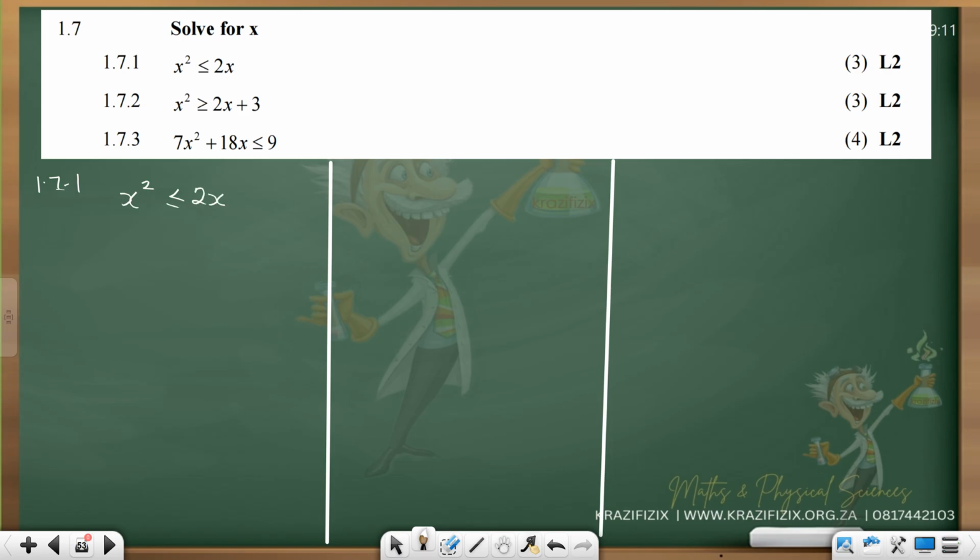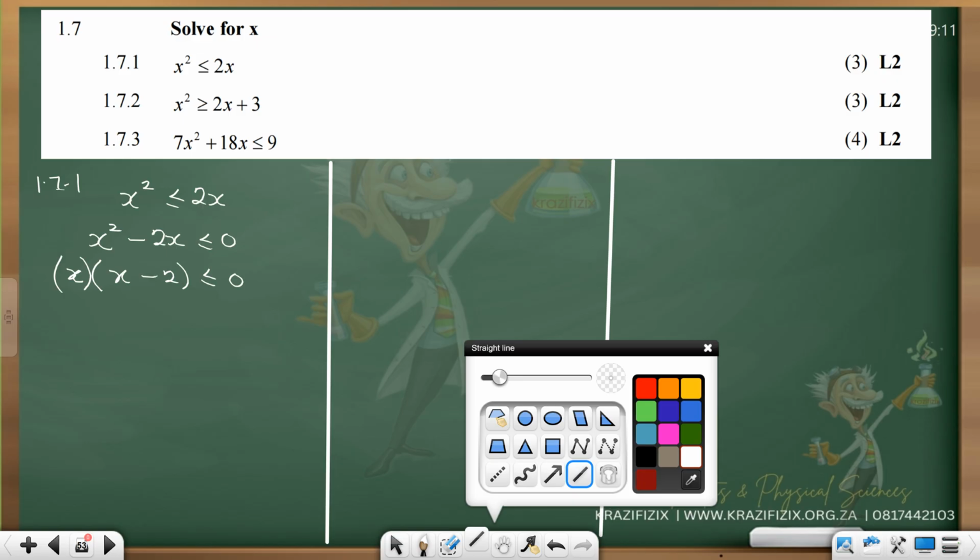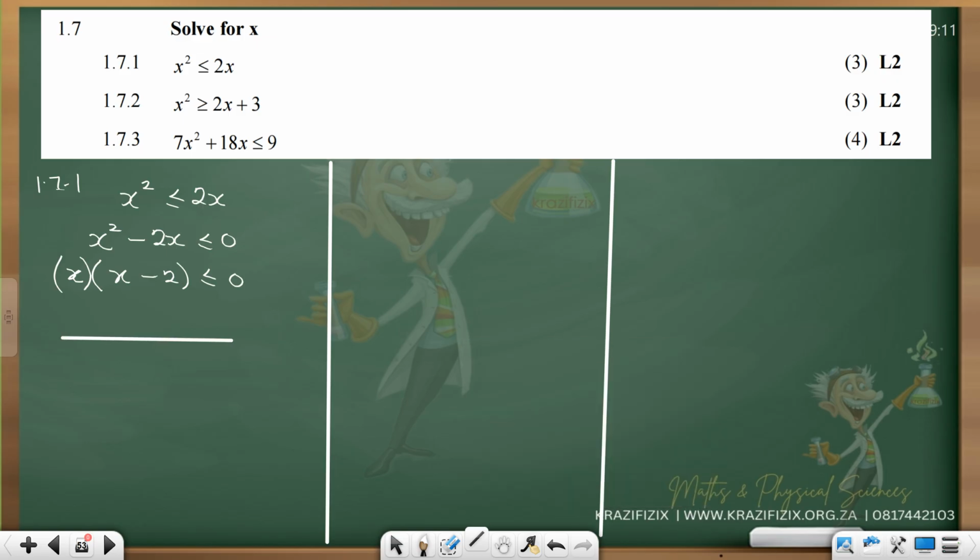Make sure the right hand side is a 0. It must be standard. Say x squared minus 2x less than or equal to 0, factorize x into bracket x minus 2. Now, what are our values? If we were to solve this, we would say x equals 0 or x equals 2. That's how we get our critical values.